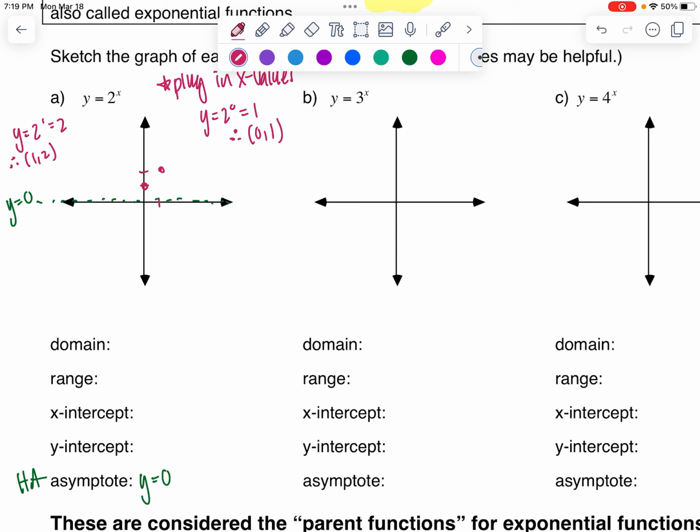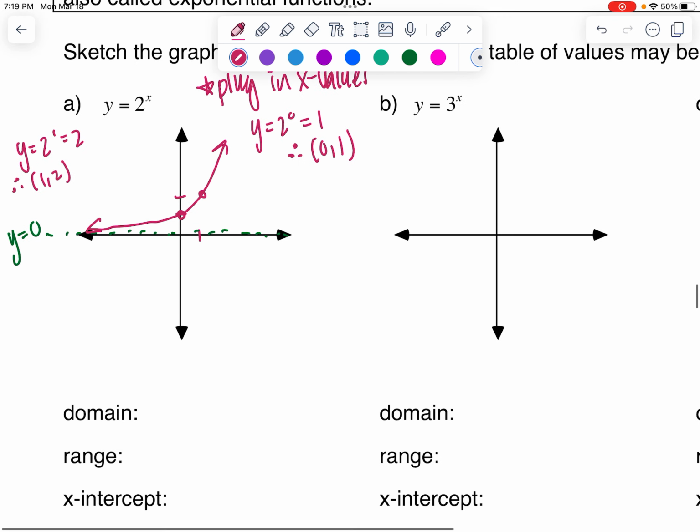So now we can take a look, and this is what our graph will look like. You see that because of that horizontal asymptote, we need to be as close to this asymptote right here. It is like a magnet, so it's very, very close. It's never going to touch it, but it's going to be very, very close. And then the other end is going exponentially higher.